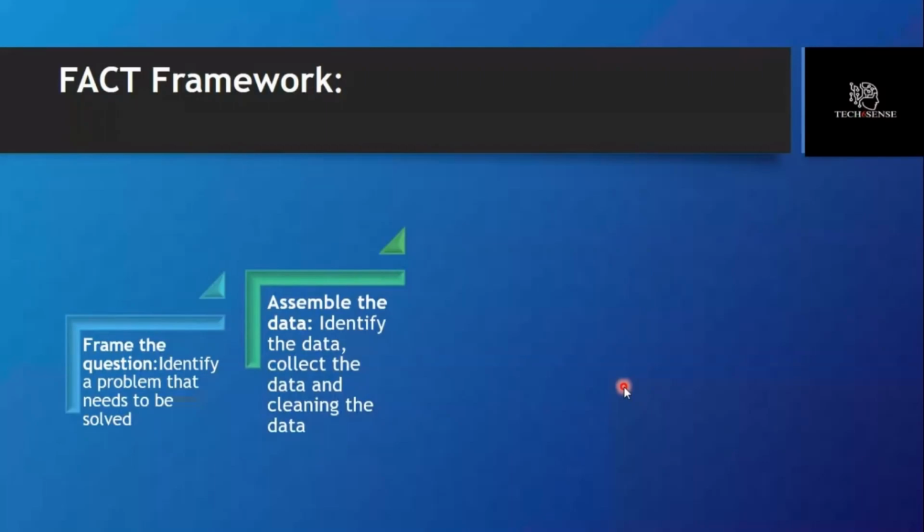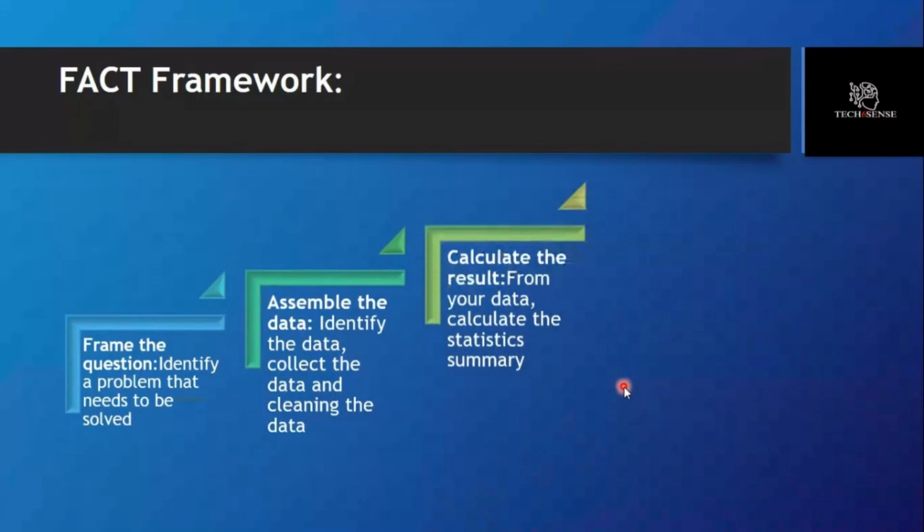Then we have to calculate the result based on the data which we have just cleaned. From the cleaned data we have to calculate the statistical summary, the distribution of the factors in our data set, how many values are available, and how many values are missing.